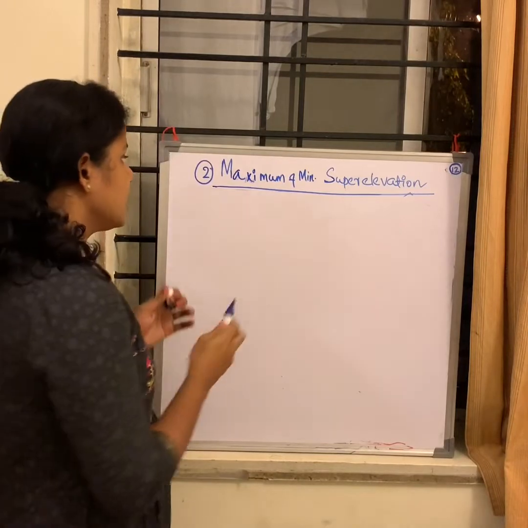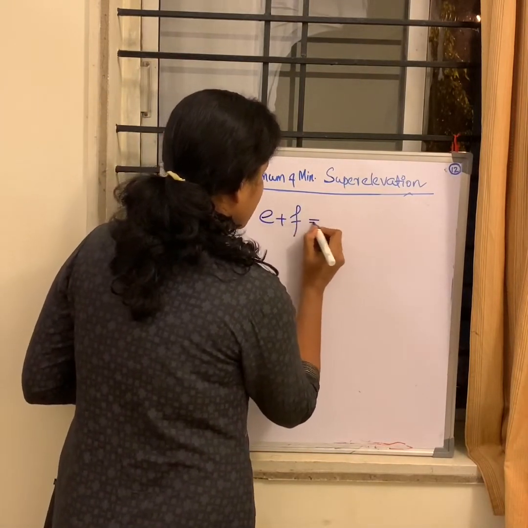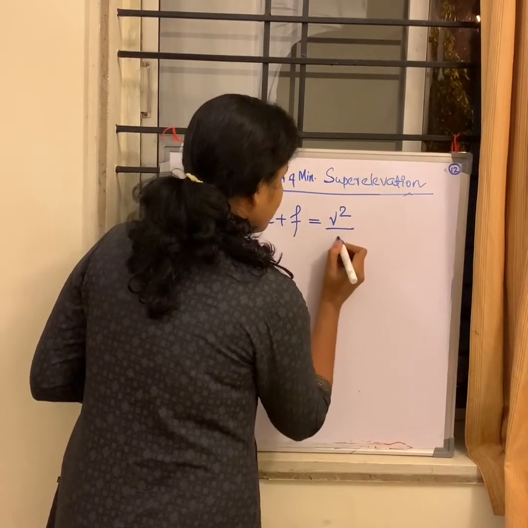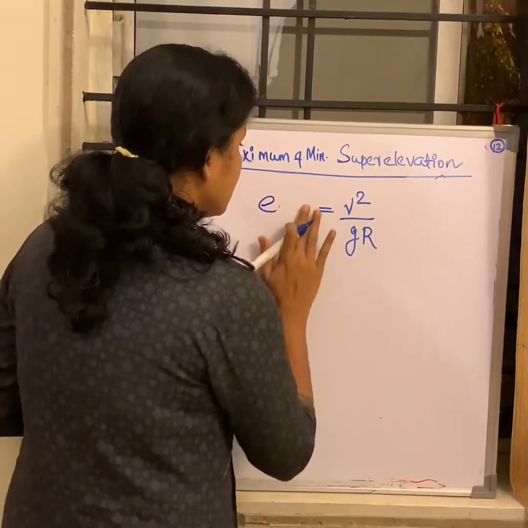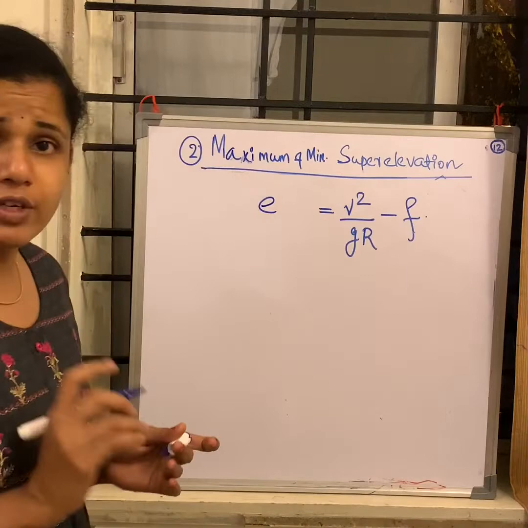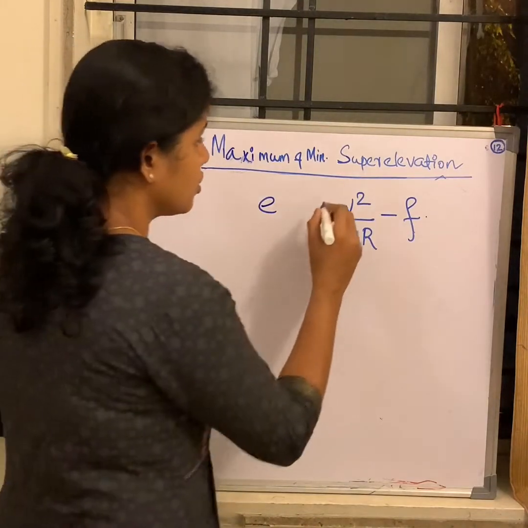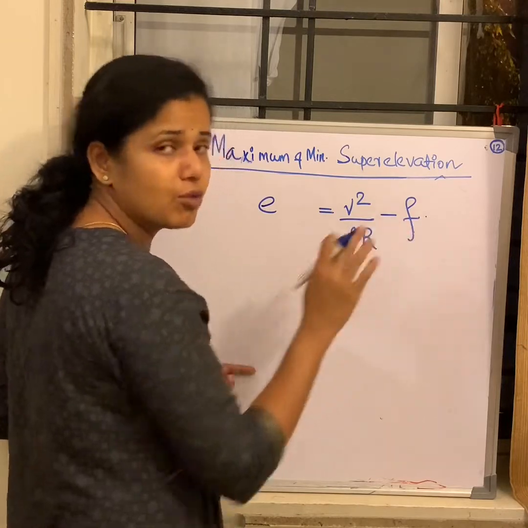Now, if we write the equation, this is our general equation of super elevation, E plus F is equal to V square by GR. Or if I am just going to write only for E, I can say V square by GR minus F. So, the super elevation value is going to depend on the speed of the vehicle, radius of the curve, and obviously the coefficient of friction.